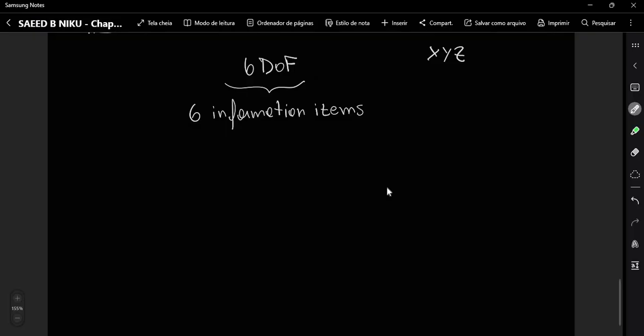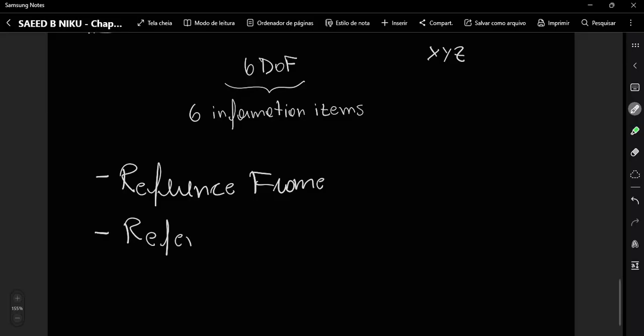Also you have to be able to differentiate those two things, reference frame and reference system, which we already studied in this series.